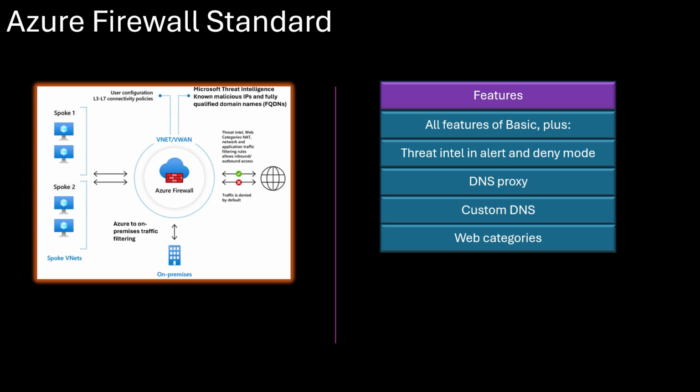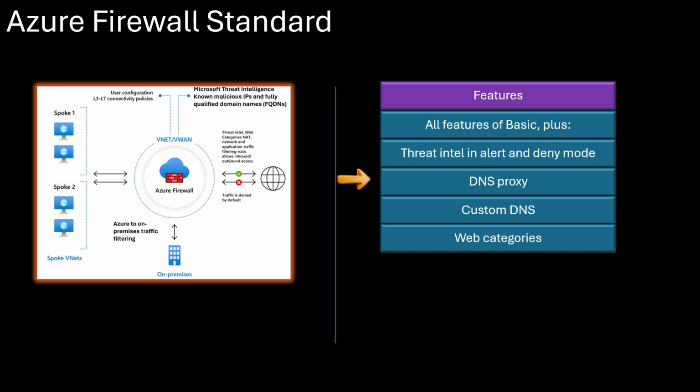If your applications demand stronger security, Azure Firewall Standard builds upon the Basic SKU by adding threat intelligence in alert and deny mode, DNS proxy, custom DNS, and web categories. Unlike Basic SKU, threat intelligence mode can actively block known malicious IPs and domains instead of just alerting you.